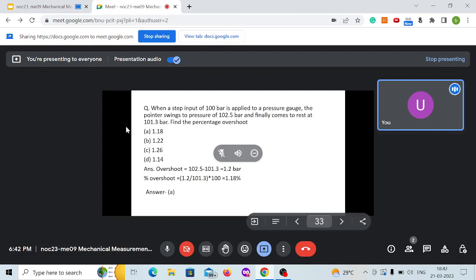So 101.3 is the value shown by the instrument; 102.5 it goes there and comes back. So the overshoot will be the difference between these two and not 102.5 and 100. So 102.5 minus 101.3 is 1.2 bar. The percentage overshoot will be 1.2 divided by 101.3 times 100, which gives 1.18%. So the answer is option A.